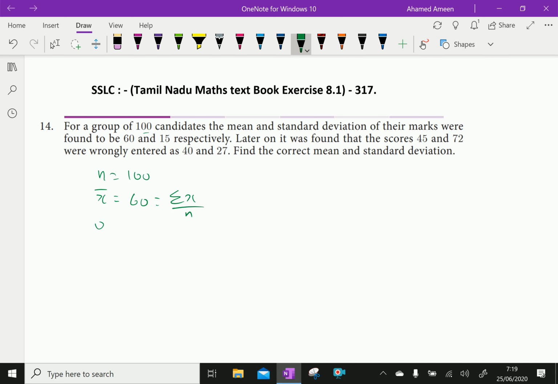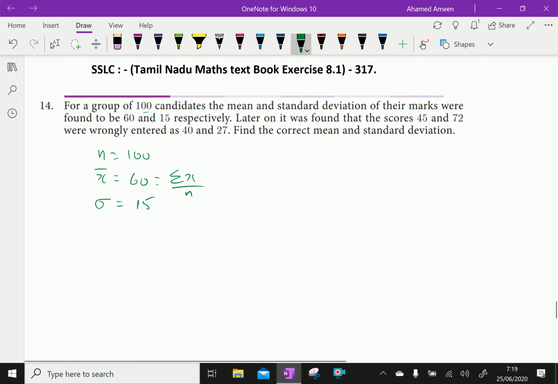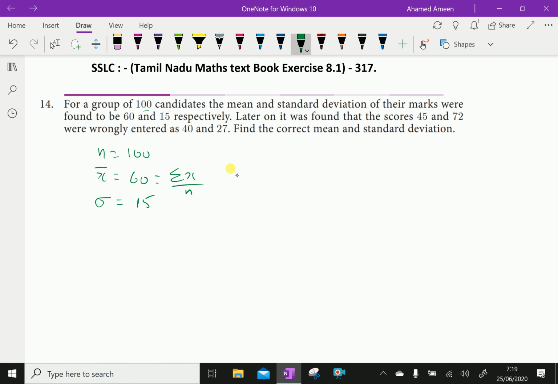Standard deviation sigma is given as 15. Now sigma x equals n into x bar, which is equal to 100 into 60, which is equal to 6000.